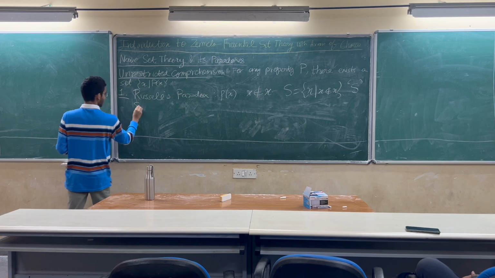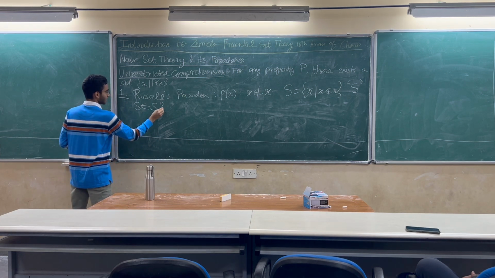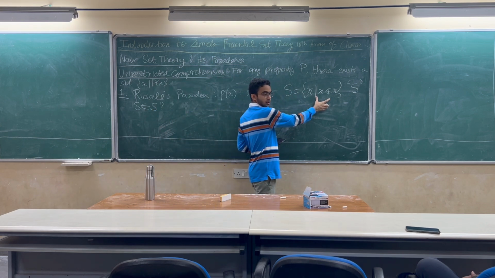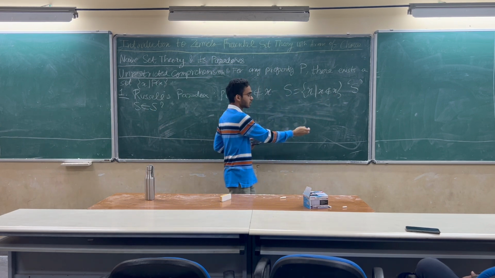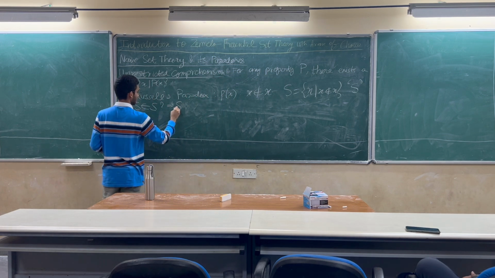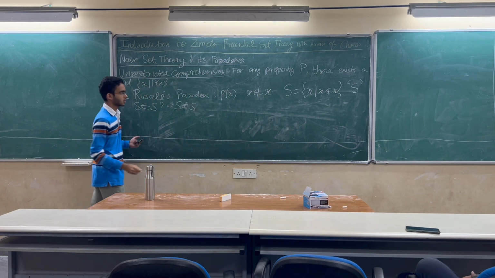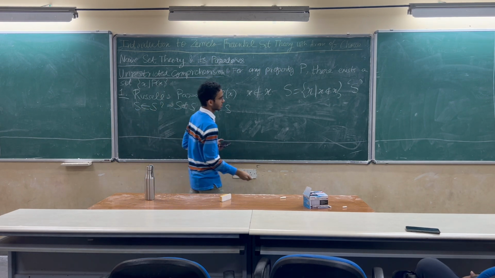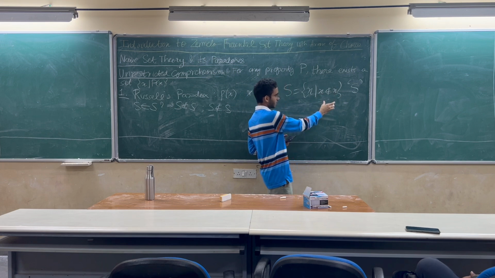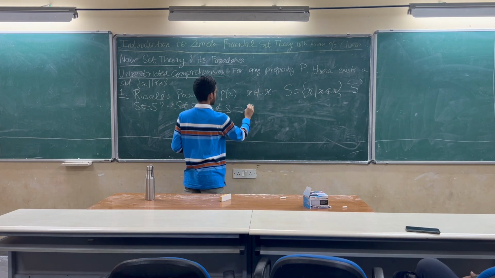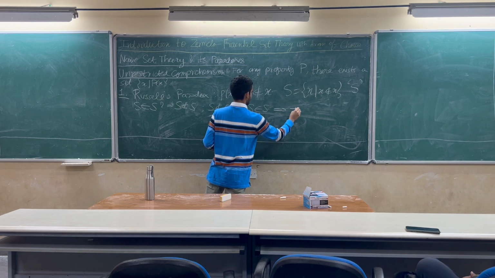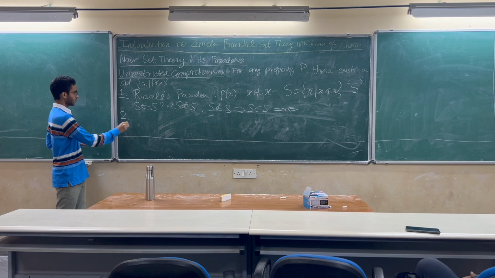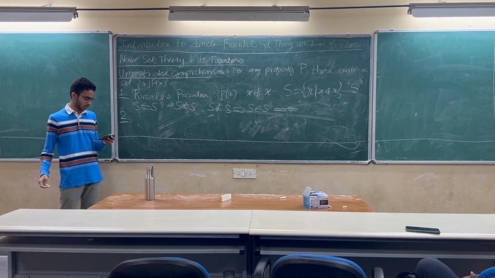Either S belongs to S or S does not belong to S. Can S belong to S? Can someone tell me? What happens if S is in S? Then it must satisfy this condition, so it doesn't belong to S, which is a contradiction. So it must be the case that S does not belong to S, but then it satisfies the very condition which defines S, so it belongs to S. Both of these give a contradiction. There is clearly something wrong here, and we will try to remedy that with the axiomatic approach.